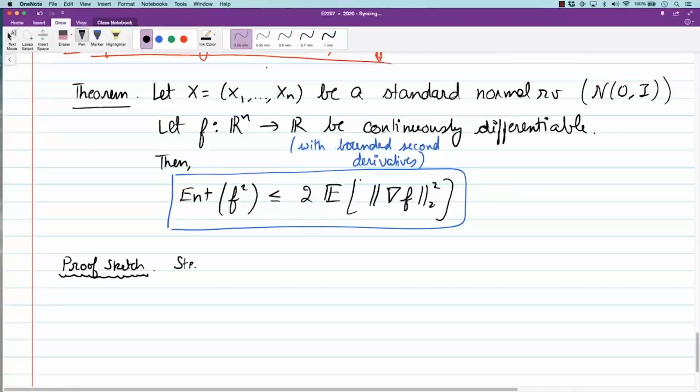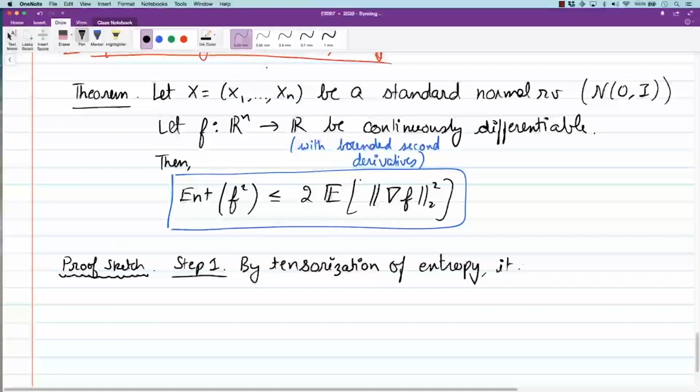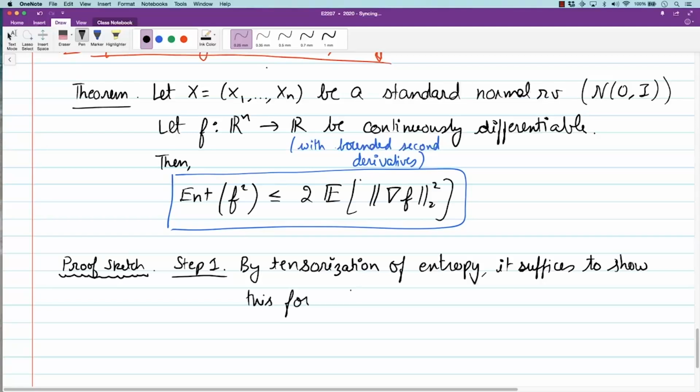So step 1 is to first notice that by tensorization of entropy, it suffices to show this for n equal to 1, the one-dimensional case, because this also becomes a sum of derivatives.